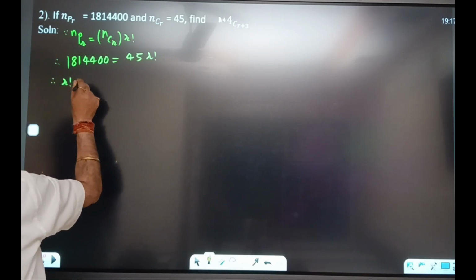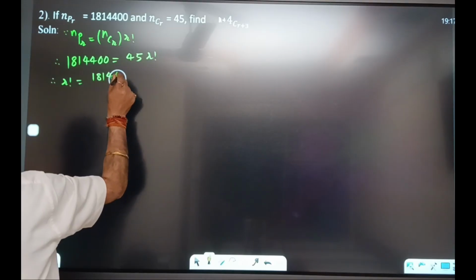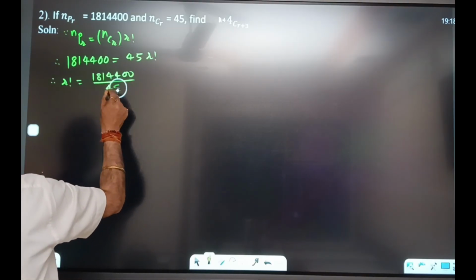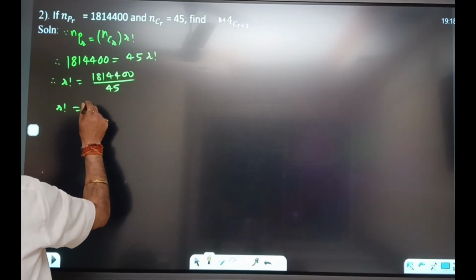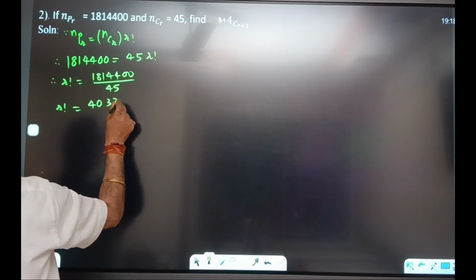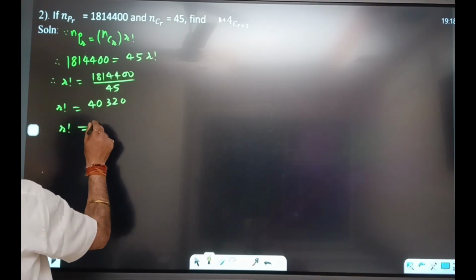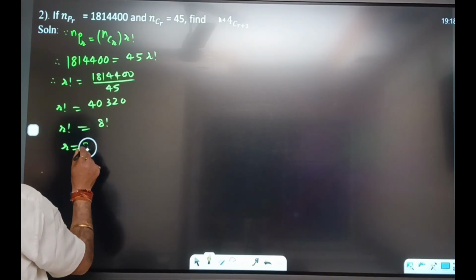So r factorial is 1814400 divided by 45, which is 40,320. R factorial will be 8 factorial, so r is 8.